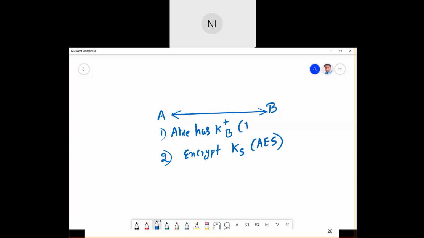Assume that this public key is based on RSA. So Alice encrypts the session key with Bob's public key.